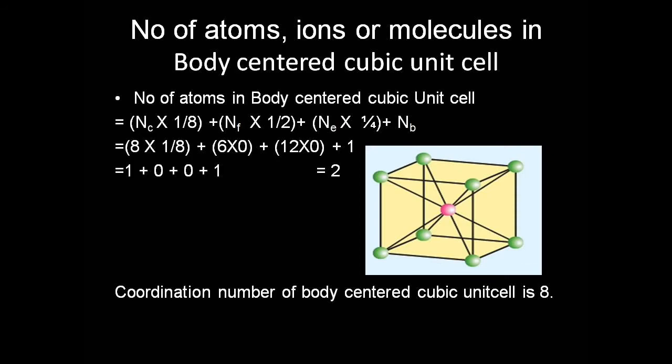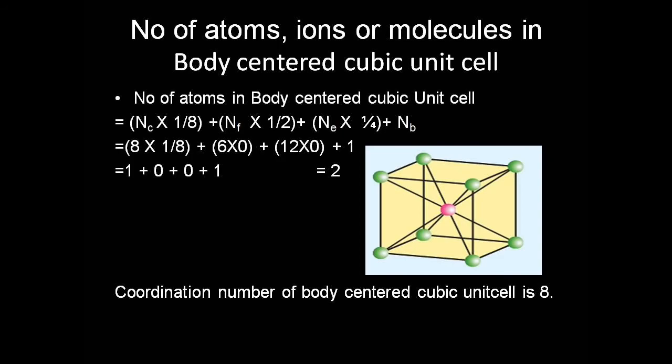In body the contribution of atom is full, that is 1, and in corner the contribution of atom is 1 by 8. How many corners are there? 8 corners. So put the number in corner and body alone, and in faces and edges there is no atom, so put 0 there. Now we get the answer 8 into 1 by 8 plus 1, so we get 2. The number of atoms in body center cubic unit cell is 2.